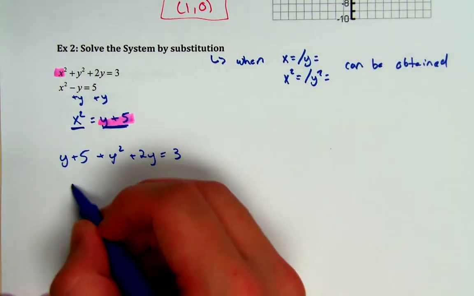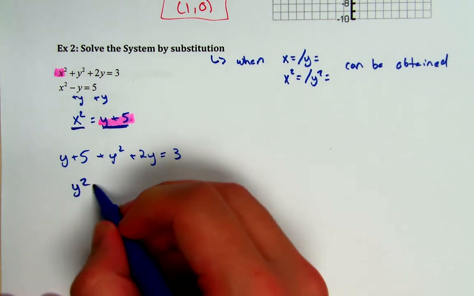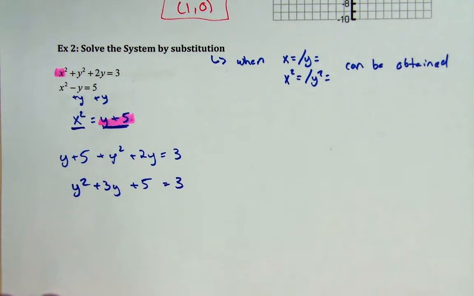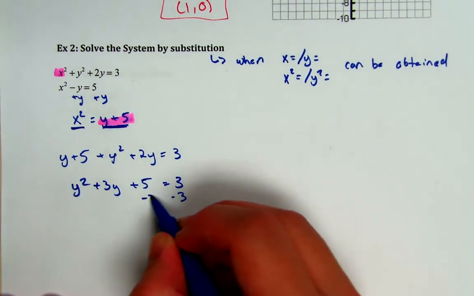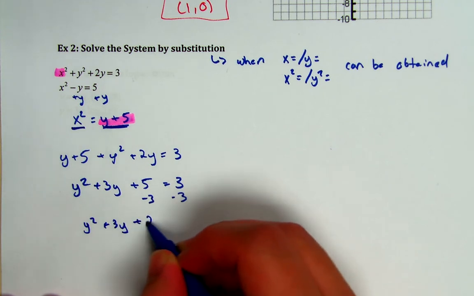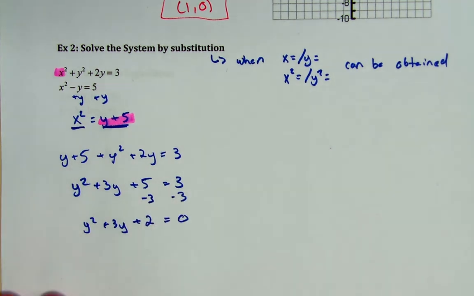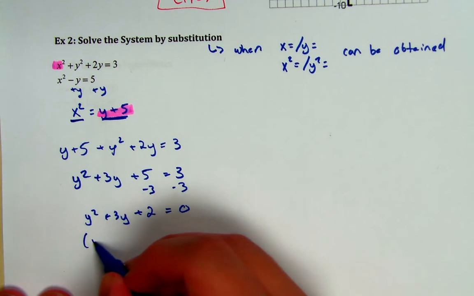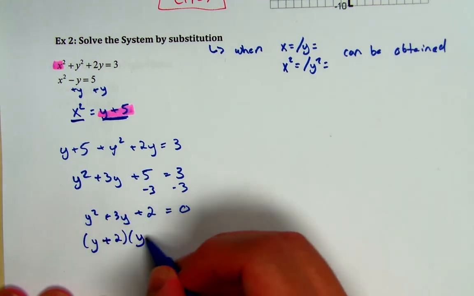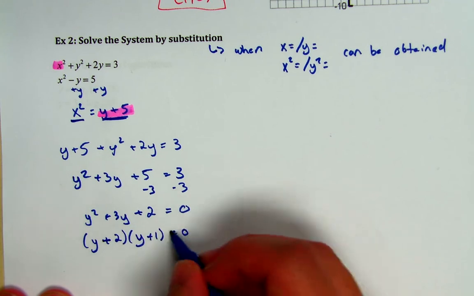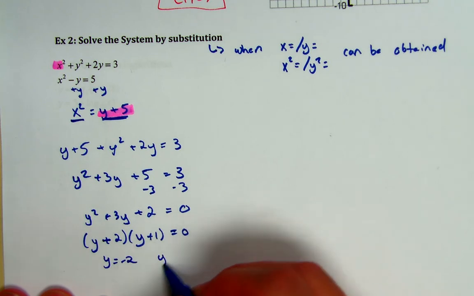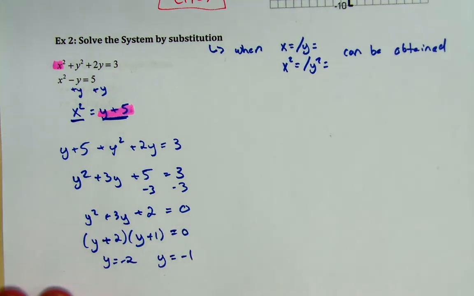Let's do y squared first, plus 3y plus 5 equals 3. Subtract 3: y squared plus 3y plus 2 equals 0. Now it's just simple factoring: y plus 2, y plus 1 equals 0. So y equals negative 2, y equals negative 1.